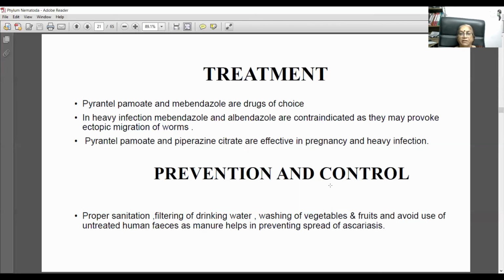That is why when you eat outside, you have problems after a few days. So, avoiding outside food, proper sanitization, filtration of water, washing of vegetables and fruits, washing of hands before eating, washing of hands after going to the toilet, soiling of hands and legs by the soil should be prevented.